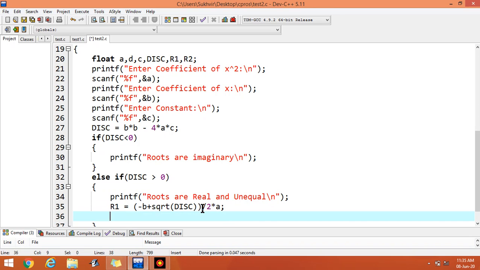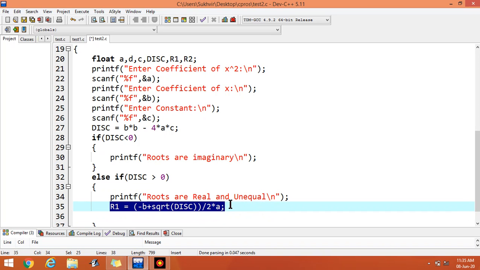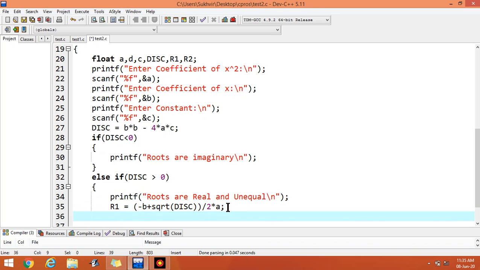As the formula I have already explained, minus b plus square root discriminant divided by 2a. Or you can copy and paste here. Simply you have to change R1 into R2 and write a negative sign here.